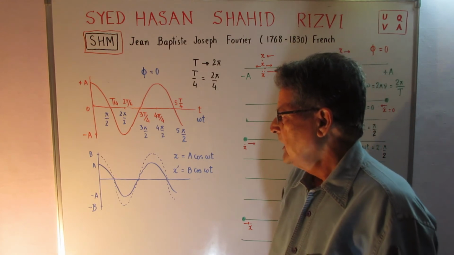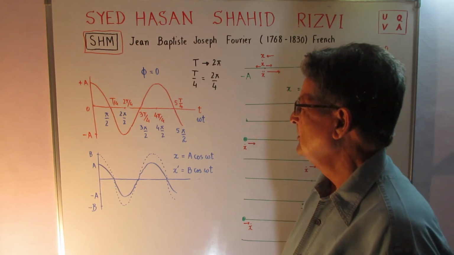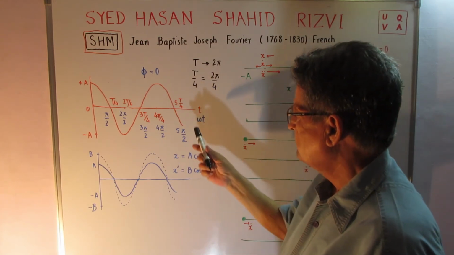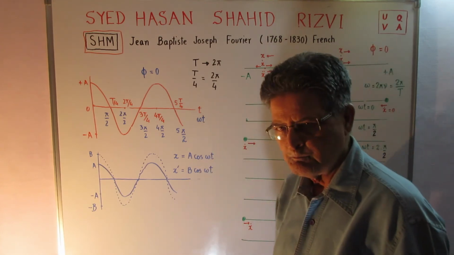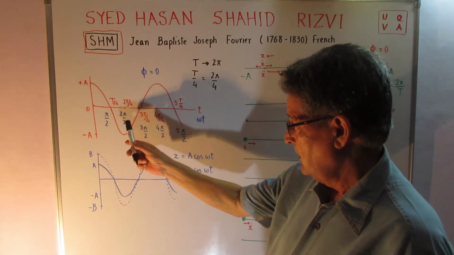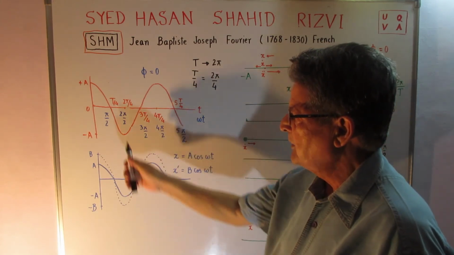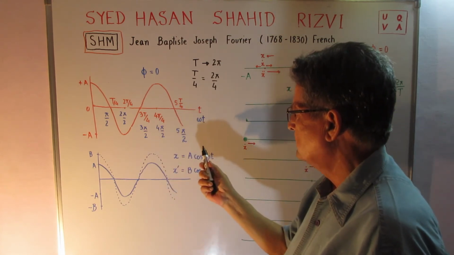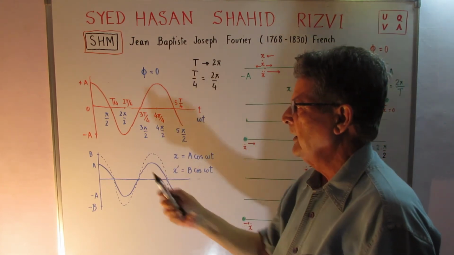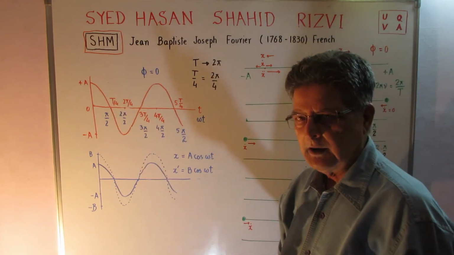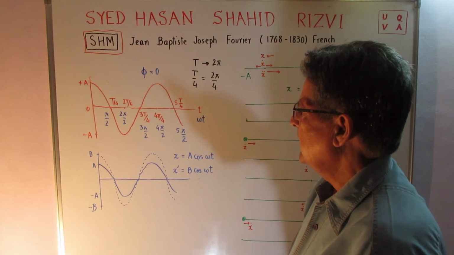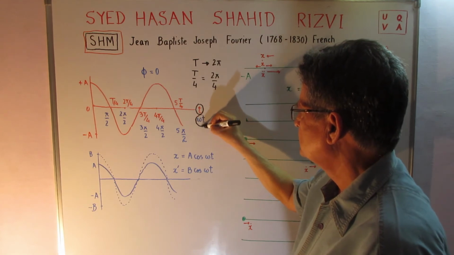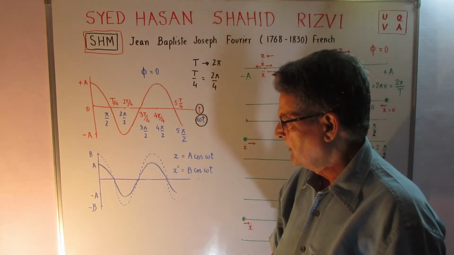It doesn't matter if, instead of taking the variable as t, the time, I take that variable as omega t. Then in the blue ink I have pi by 2, 2 pi by 2, 3 pi by 2, 4 pi by 2, 5 pi by 2, etc., in the same curve. So it has been expressed in two kinds of variables, t and omega t. There is no problem, not at all.